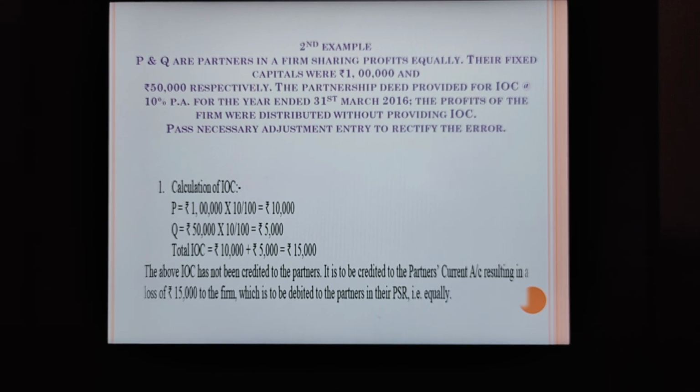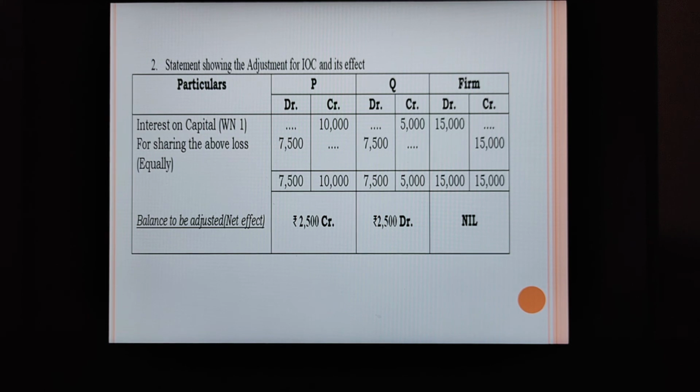So total IOC, that is interest on capital, would be 15,000. This IOC has not been credited to the partners. It is to be credited to the partners' current accounts, resulting in a loss of 15,000 to the firm, because the firm needs to give this amount to the partners, which is to be debited to the partners in the profit sharing ratio, that is equally. So what is to be done here?